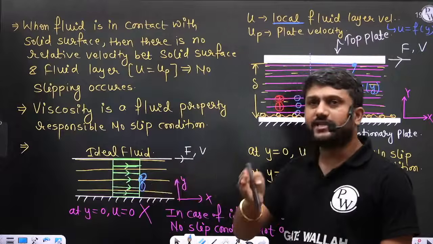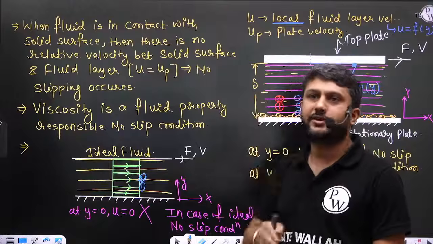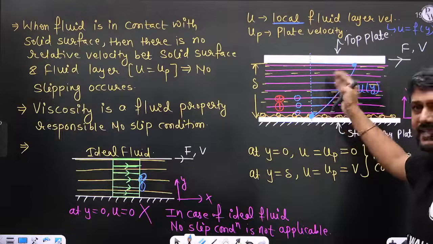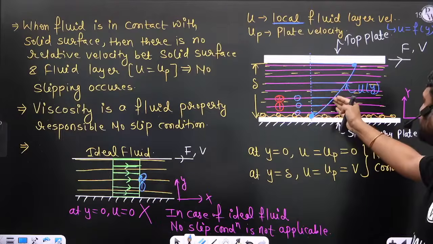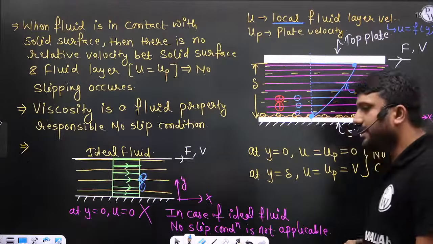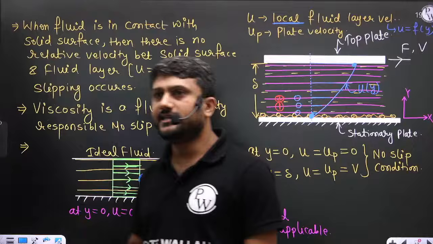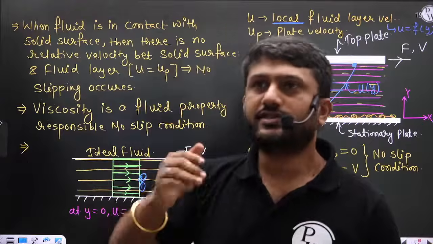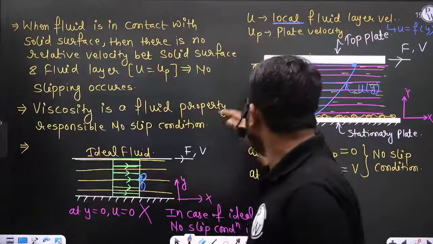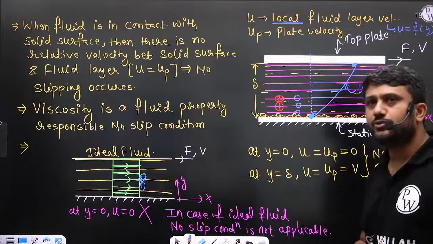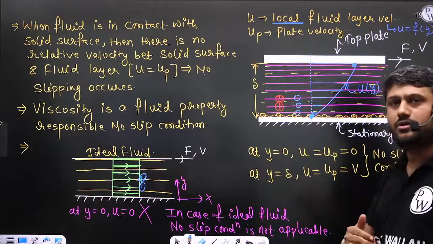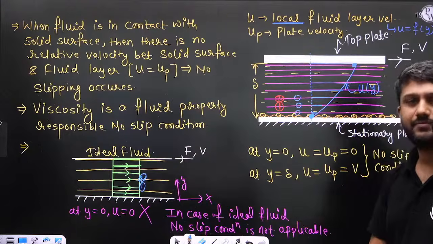If relative velocity is present, then friction comes into the picture. Now here, in this particular case, if I consider layer number 1 and layer number 2, friction force is present because they have different velocity. In between layer number 1 and layer number 2, relative velocity exists.